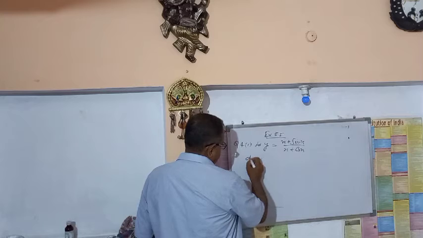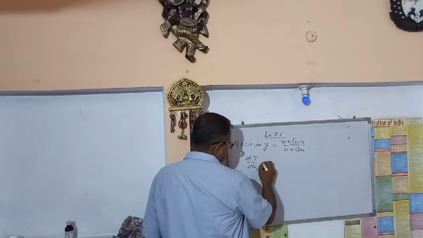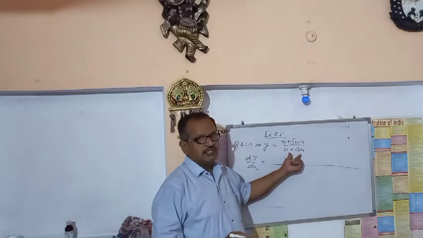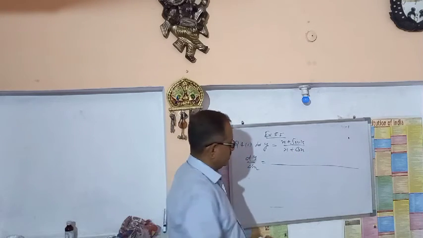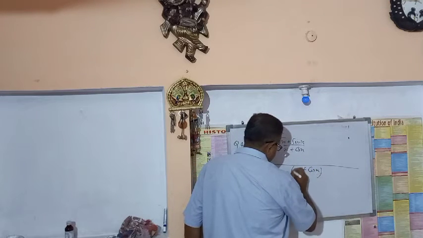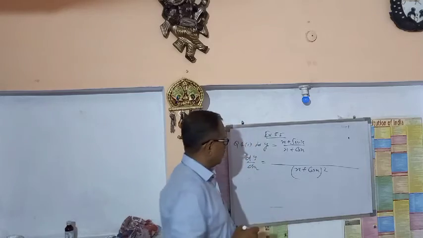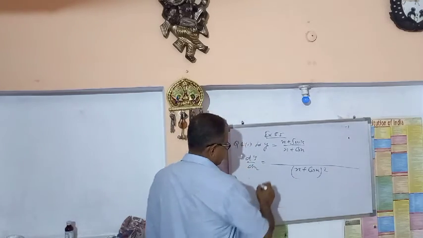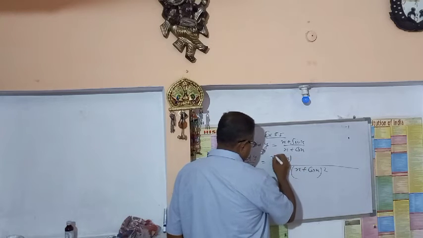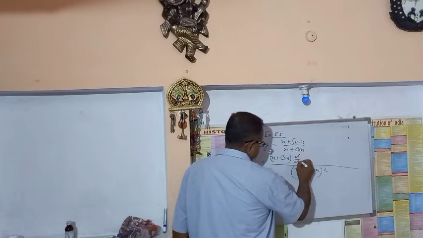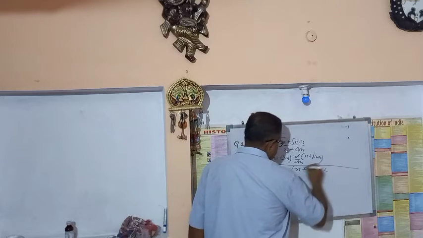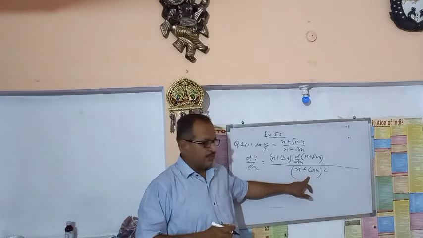So write dy by dx. What is the formula? We have to write the square of the denominator, x plus cos x whole square.